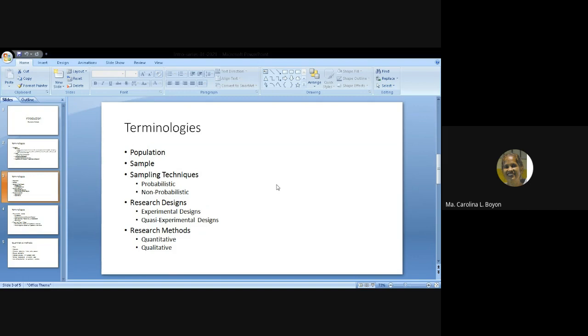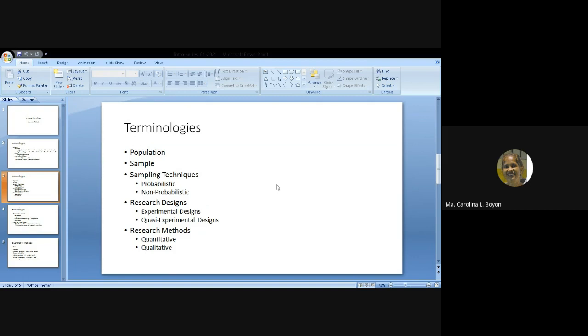So, kung magpapa-assess ka ng efficiency ng software mo, you cannot randomly identify your juror from any set of individuals because the basic requirement for you is to identify people who have the expertise to provide a highly technical assessment of your output for your research.